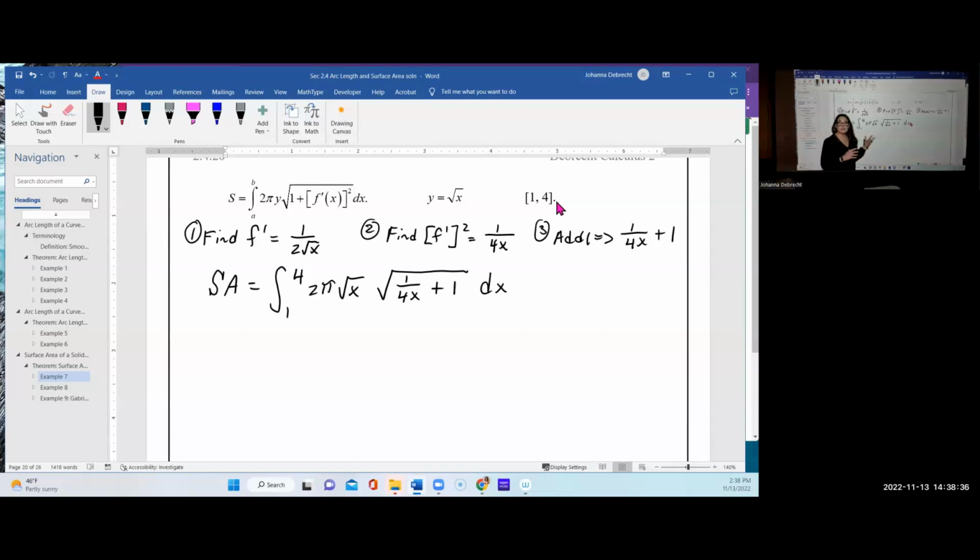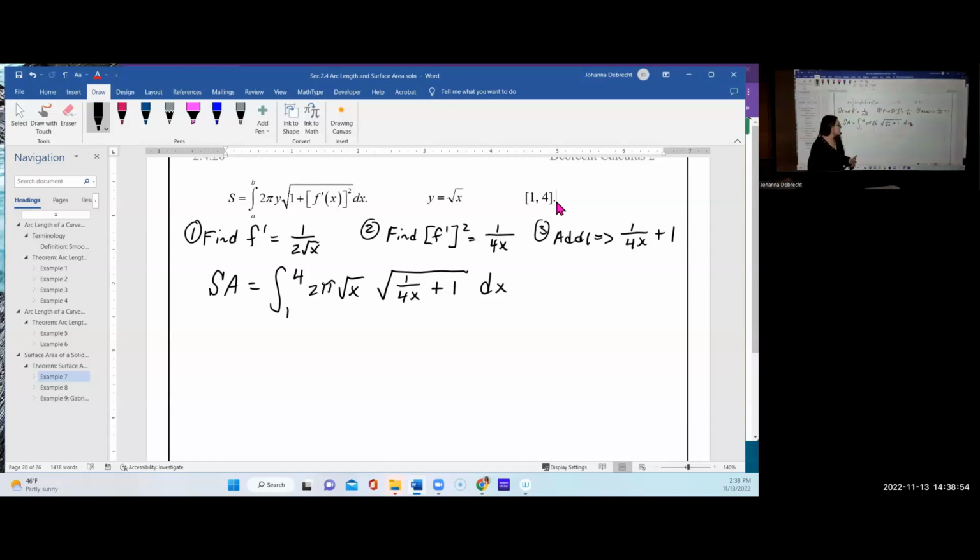And I'm doing it with respect to x because I revolved around the x-axis. If I revolved around the y-axis, then I would use the formula for revolving around y and integrate with respect to dy.